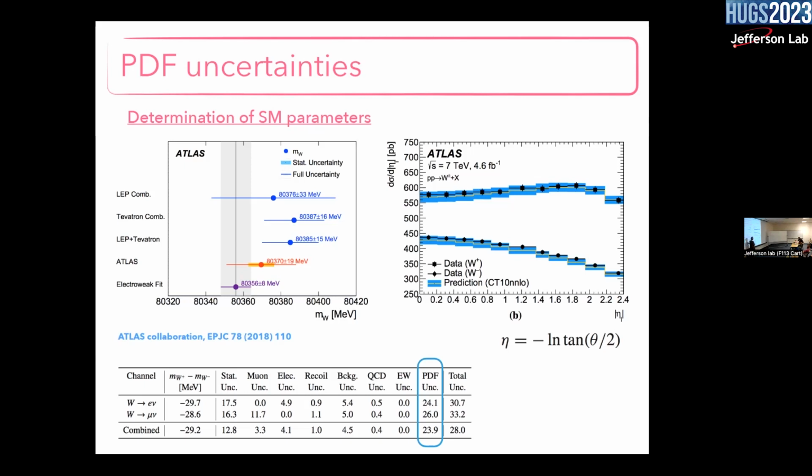The dominant one at the LHC is the uncertainty on the structure of the proton. So this is the bottleneck in the determination of the W mass from the LHC via parameter extraction, because the PDF represents a large component of the uncertainty. It's a systematic uncertainty that prevents us from knowing precisely the parameters we want to extract at the LHC.